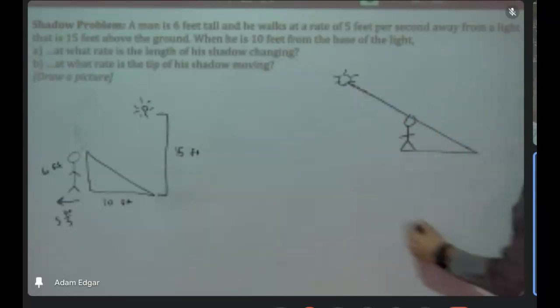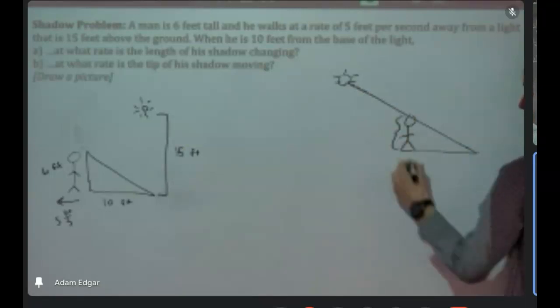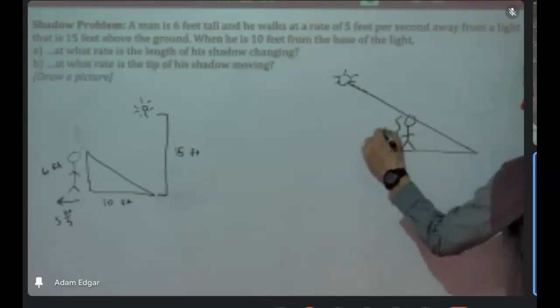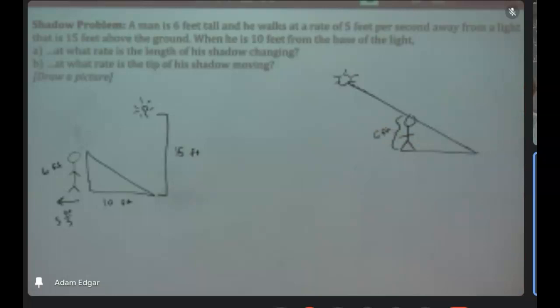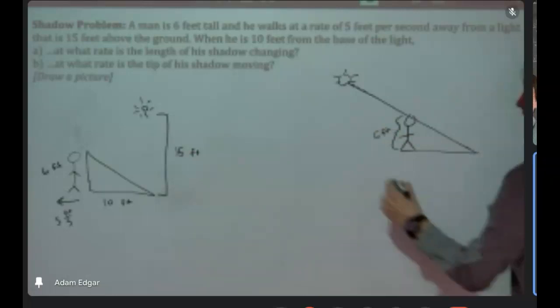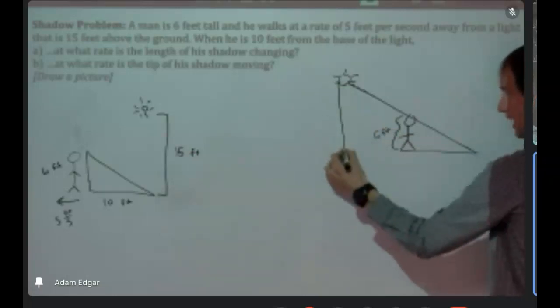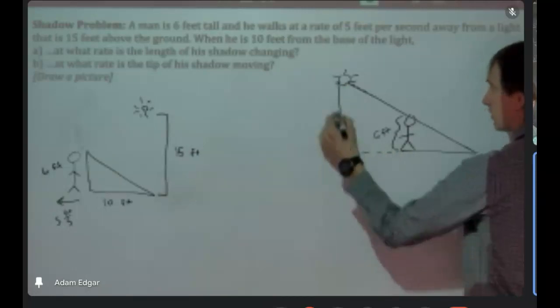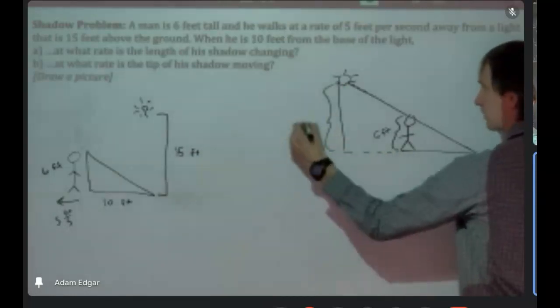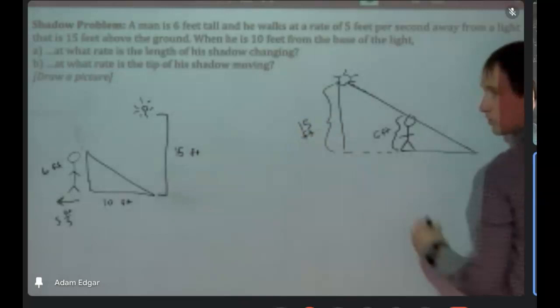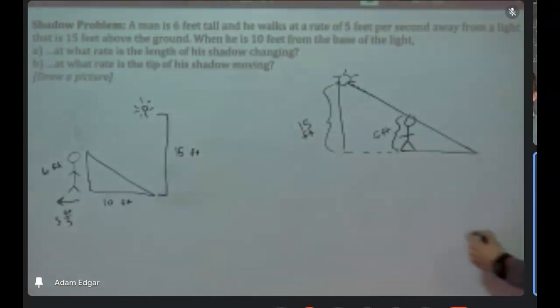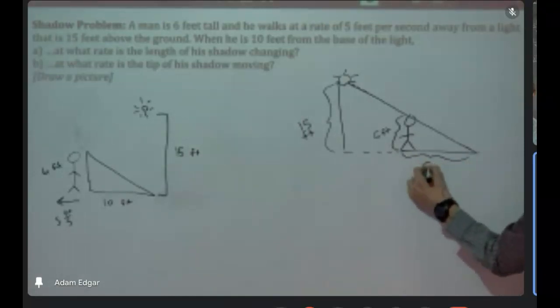Now we have the height of the person. That's 6 feet. Let's assume that doesn't change. We have the height of the lamp. That's 15 feet. Let's assume that also doesn't change. And then we have the shadow. We'll call that S for shadow.